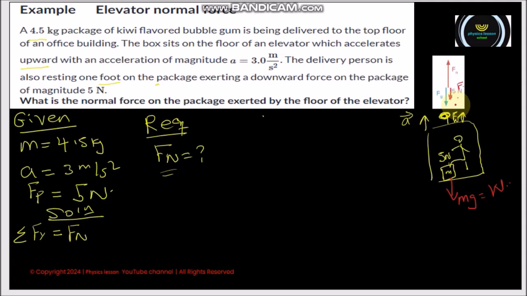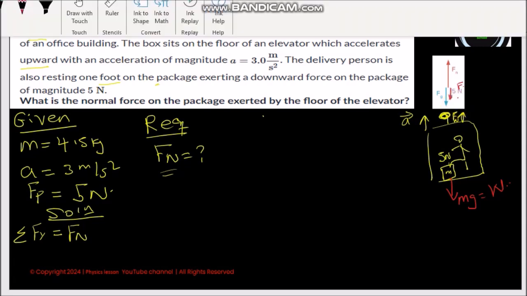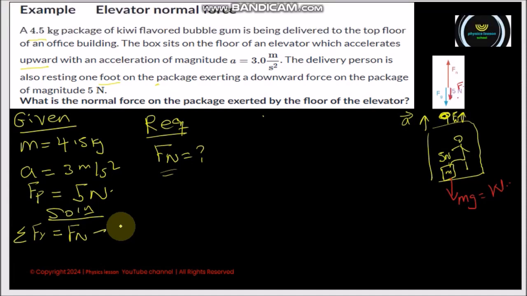That means we can write it as directly minus mg, the weight, again minus the force applied by the person, the 5 Newton force, is equal to the summation of Fy.